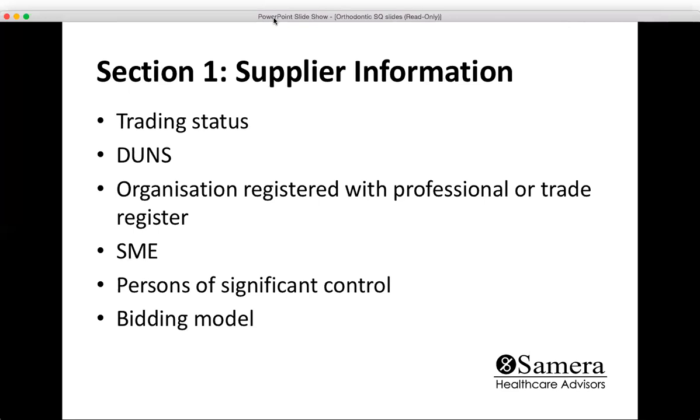So trading status is basically the body that you are going to be bidding in. So this could be a limited company, a limited liability partnership, a partnership, or a sole trader. What we would highly recommend is that you decide on your trading status in conjunction with your accountant.